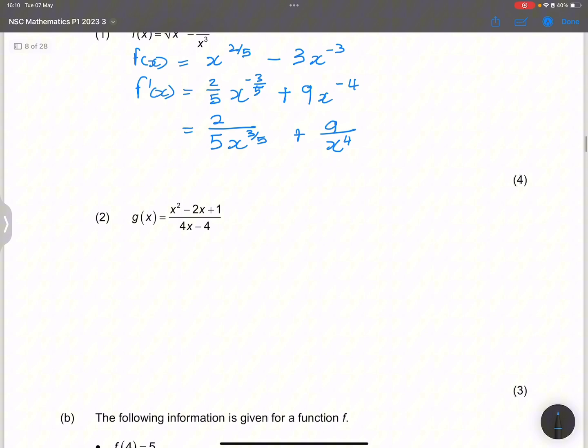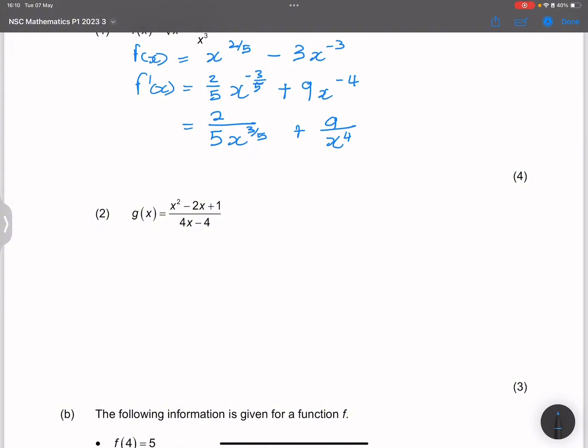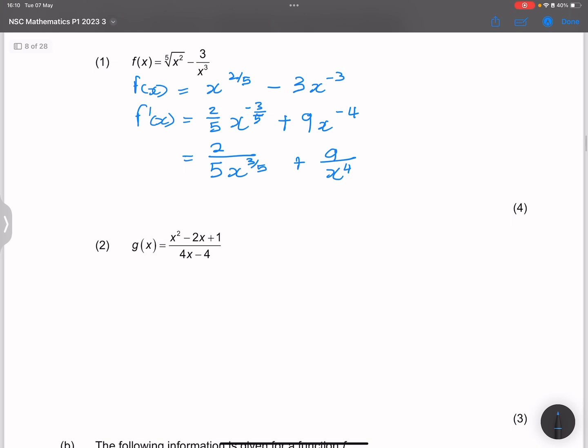Right, so the next question, they said to us g of x, so we need g prime of x. So first of all, let's try and get this in the most simplified form possible. If you look at the top, we can actually factorize that. That would be (x minus 1) squared. This is divided by 4 times (x minus 1). So this guy and that guy cancel.